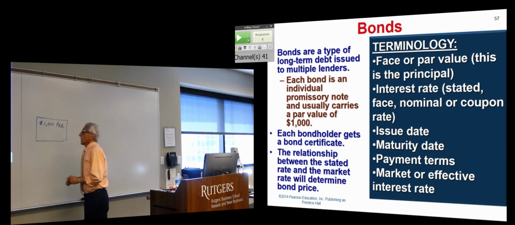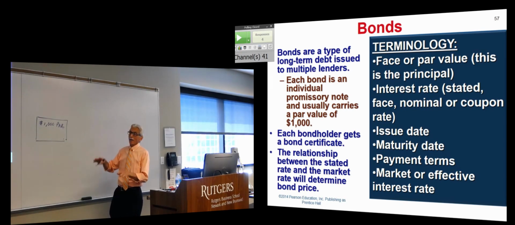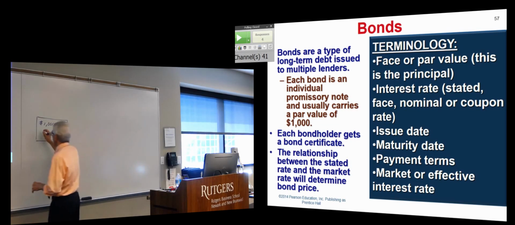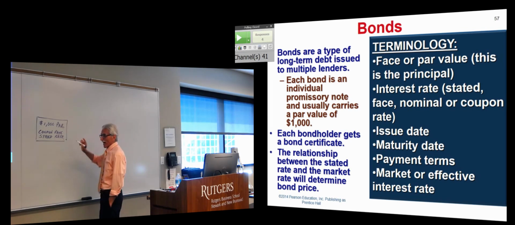$1 par. The interest rate that we call the stated rate, the face rate, the nominal rate, the cash interest rate, coupon rate, stated rate, is on the bond certificate. You also have the maturity date, you'd also have the payment terms, but the other rate that you really have to keep in mind is the market rate.